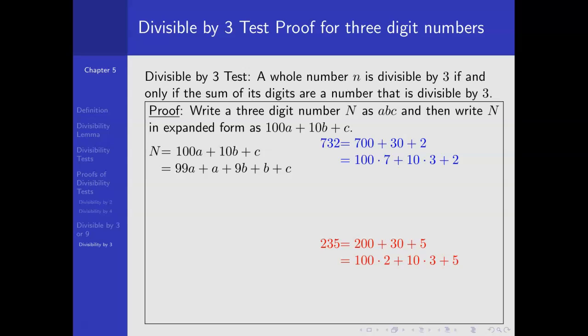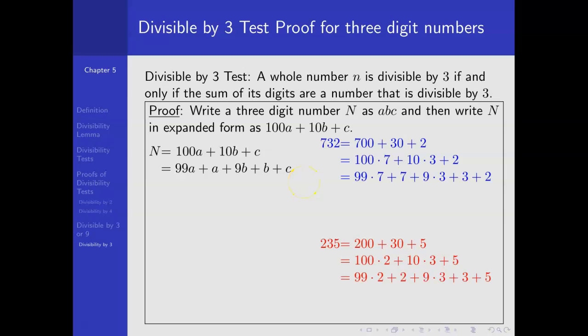Well, 100 is not, but 99 is, and 100 is 99 plus 1. So we're breaking the 100A up into 99A plus A. And then we're going to look at 10B. 10 is not divisible by 3, but 9 is. So we're going to break the 10B up into 9B plus B.